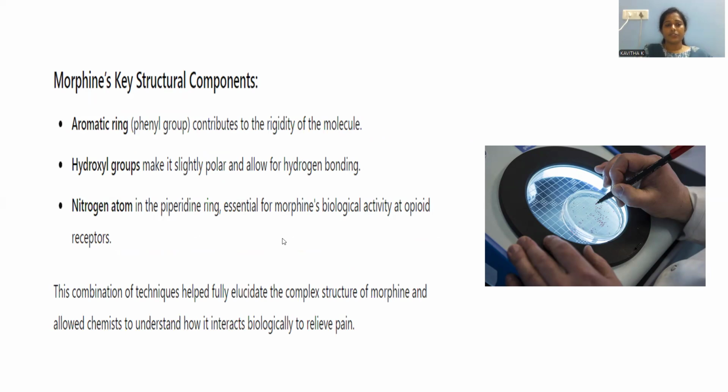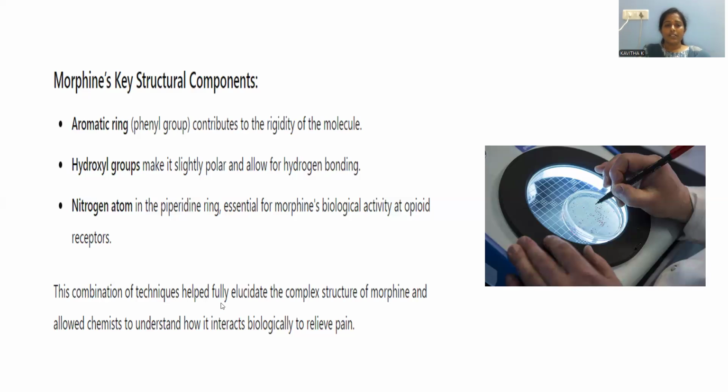So here, the heteroatom nitrogen is responsible for the biological activity it possesses. To identify the biological activity of this nitrogen, culture growing is possible, and how it works with these opioid receptor sites, that analysis is also carried out.